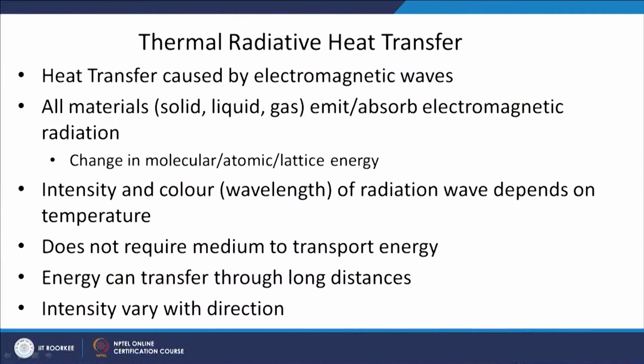Now, there are many factors that make radiation difficult and different from conduction and convection. The first is the wavelength. Radiation is a mechanism of heat transfer which depends on wavelength, and wavelength is identified by the color of radiation. We have red light, we have blue light, and we have radiation all the way up to radio waves and microwaves on the higher wavelength side, and we have gamma rays and X-rays on the lower wavelength side.